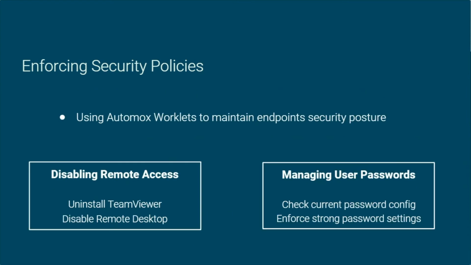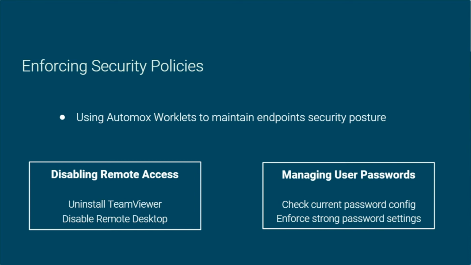Okay, so today what I want to demonstrate is using Automox worklets to maintain endpoint security postures. And the way we're going to do that is by disabling some remote access. In the Oldsmar attack, the attackers gained access to TeamViewer passwords and were able to use TeamViewer to gain access to those different systems.